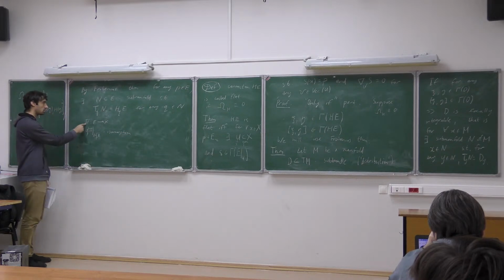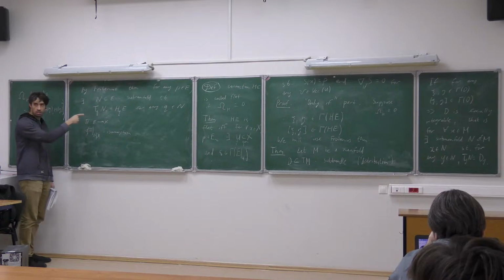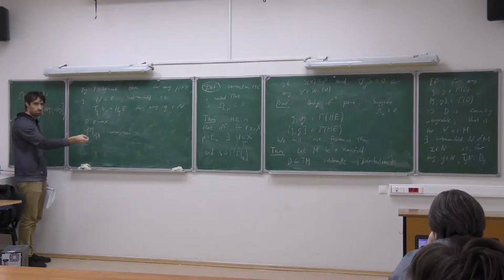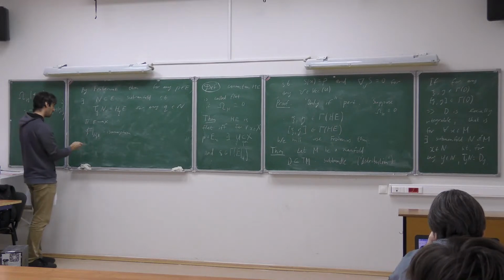So therefore pi restricted to N locally around point P is a diffeomorphism. Well, locally around any point actually, but let us concentrate on the point P, right?